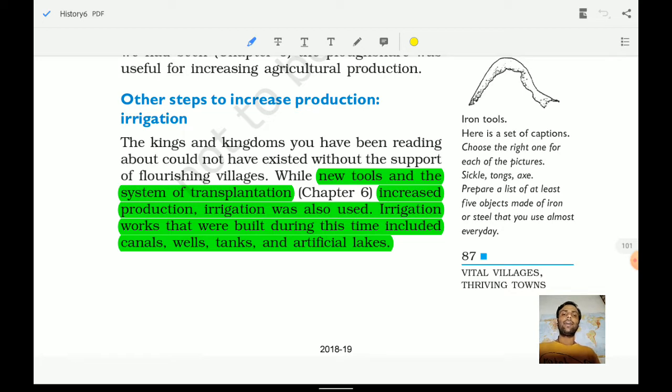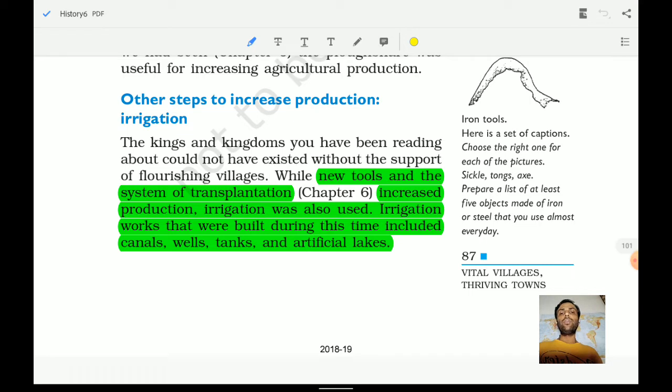Understand that in today's era as well, when we focus on bumper crop production, apart from the development of iron tools, they must also have focused on irrigation, because by that time they must have understood the utility and importance of water, and what type of crops can be grown in what seasons.